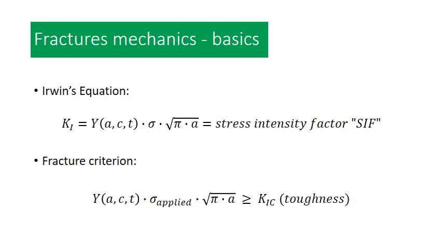That stress intensity factor is going to depend on the applied stress, in this case sigma, and then the square root of pi times the crack depth. I'm hoping that that's an equation that some of you are quite familiar with. And we know from our basic fracture mechanics theory that the fracture criterion is that if the applied stress intensity factor is greater than the critical K1C toughness of the material, then we're going to get fracture occurring. That's a fairly simplistic way to look at things, but it gets us off on the right foot.